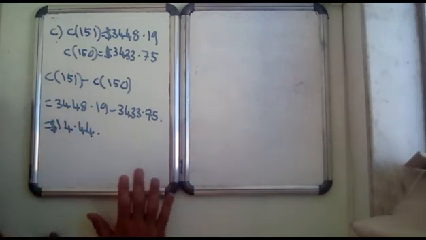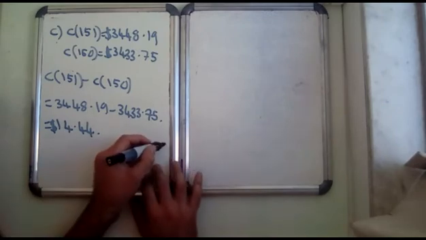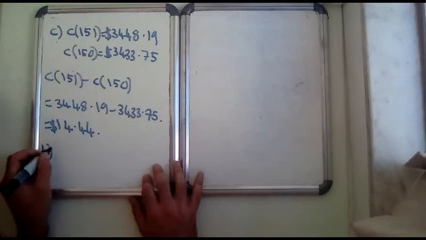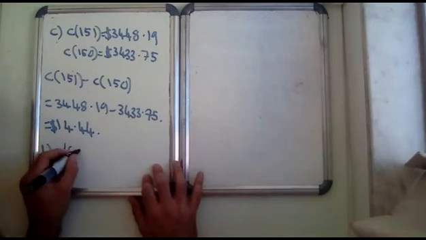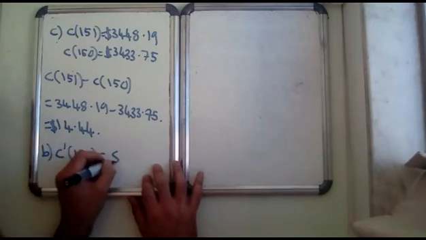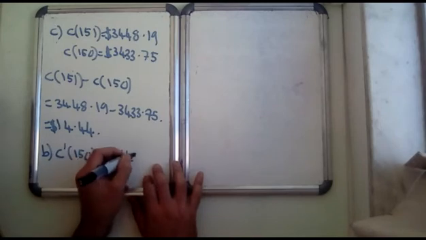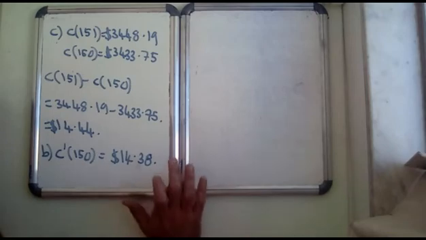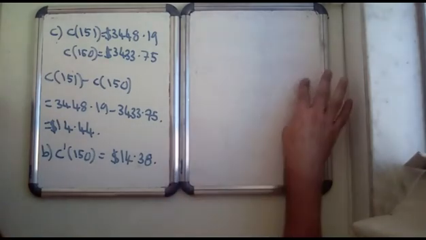Right, now I've just realised I forgot to finish part B. I didn't interpret the numbers. So if I just go back to B, we had C'(150) was $14.38, I think. And I didn't interpret the results. Now's not a bad time to interpret it.